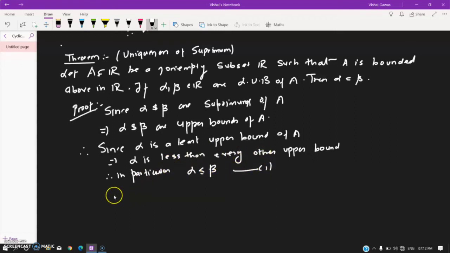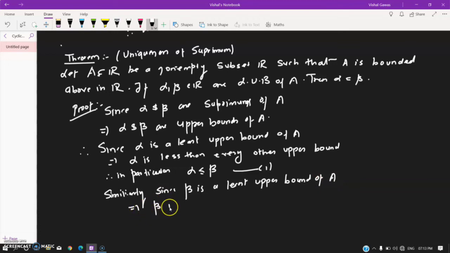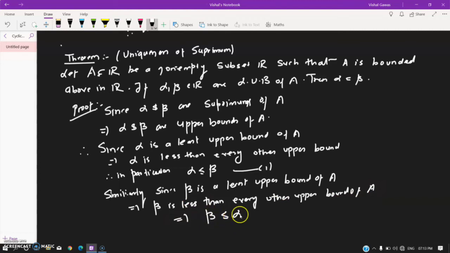The same process, similarly, since beta is a least upper bound of A, this implies beta is less than or equal to every other upper bound of A. This would imply that beta is less than or equal to alpha.